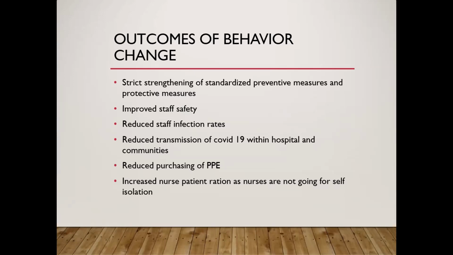So we saw this reduction of staff cases, and also a reduction of transmission of COVID-19 within the hospital and the communities, and reduced purchasing of personal protective equipment, because now healthcare workers were using it as required according to guidelines. And then there was also an increased nurse-patient ratio as nurses were no longer going for isolation or quarantine because they are not infected anymore.